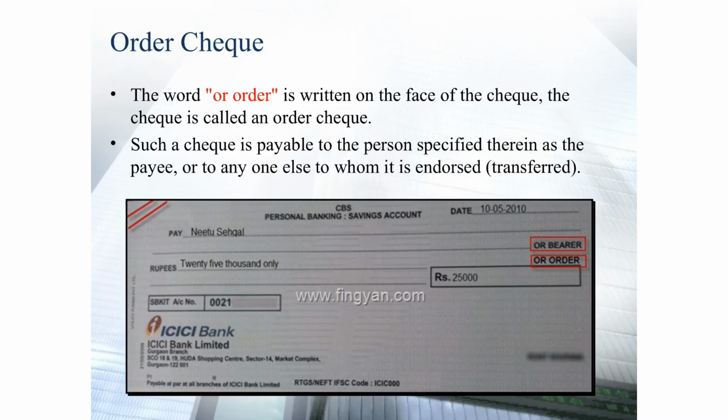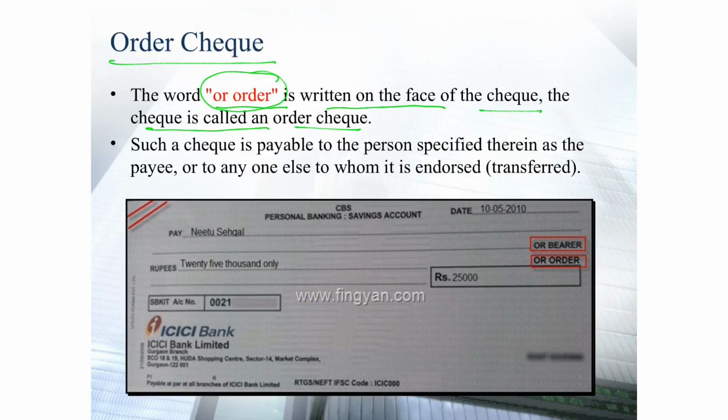Next one is order cheque. If the words 'or order' are written on the face of the cheque, the cheque is called an order cheque. Okay. 'Or order' written on the face of the cheque is called an order cheque.